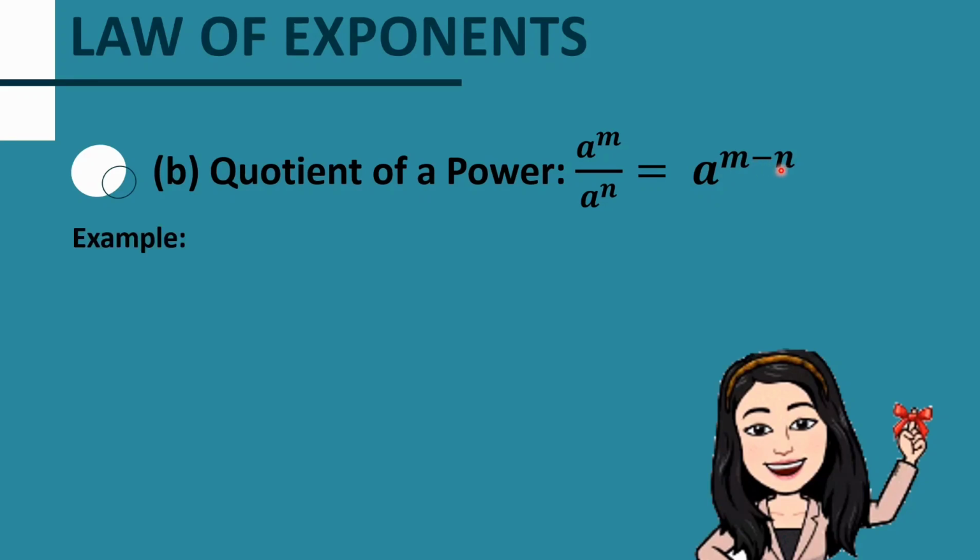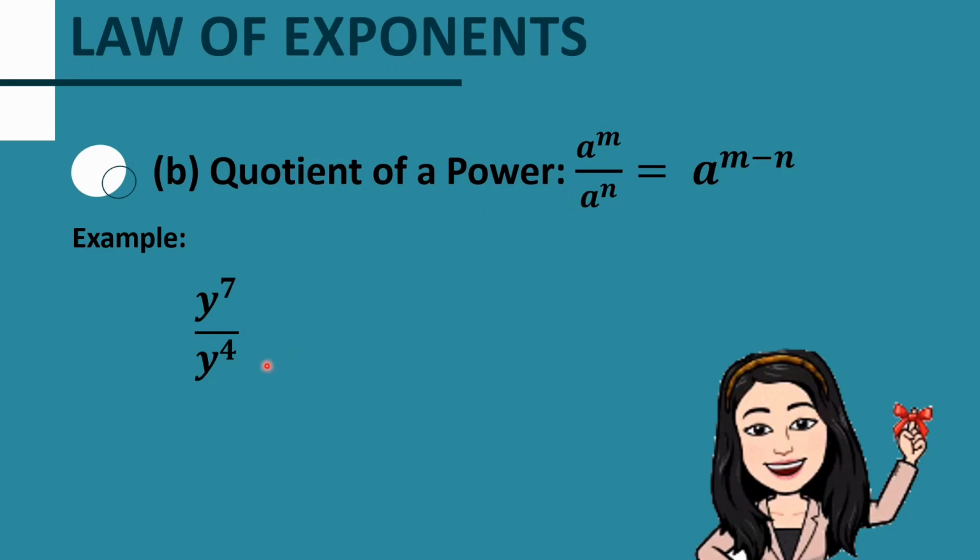Let us have this example. We have y raised to the 7th power divided by y raised to the 4th power. If you notice, they have the same base. So meaning to say, we can follow the quotient of a power rule.